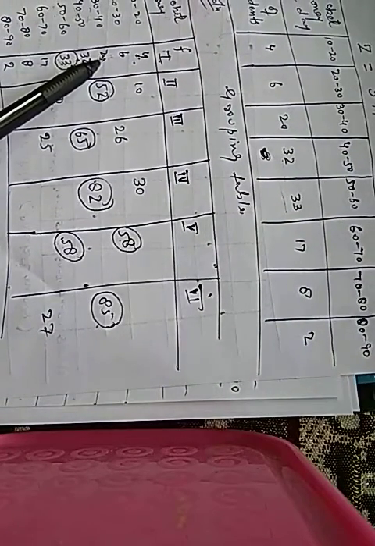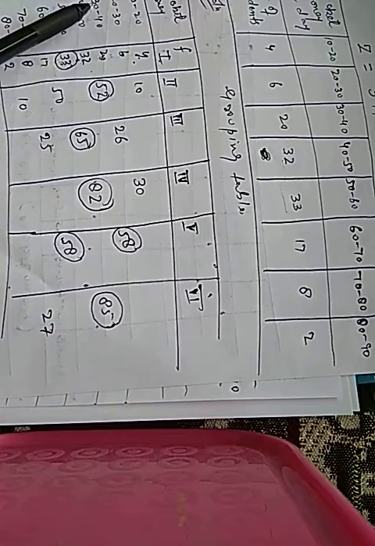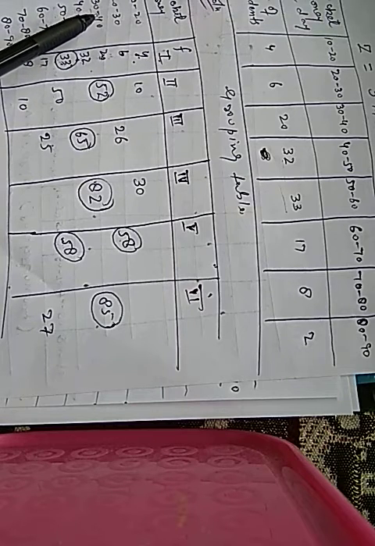In the last column, the sixth column, the highest frequency is 85, which is the addition of 20, 32 and 33, the frequencies of 30 to 40, 40 to 50 and 50 to 60. So we have to tick mark in column 6 from 30 to 40 up to 50 to 60.